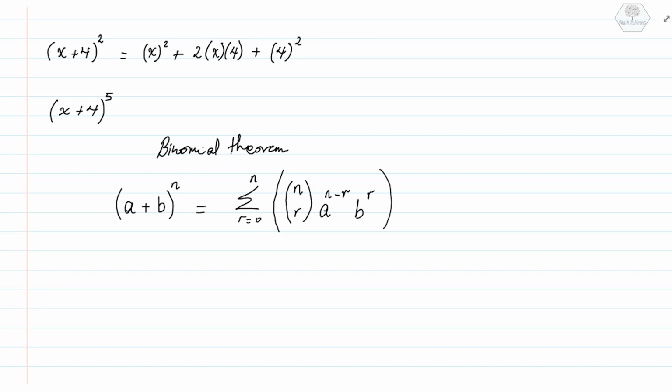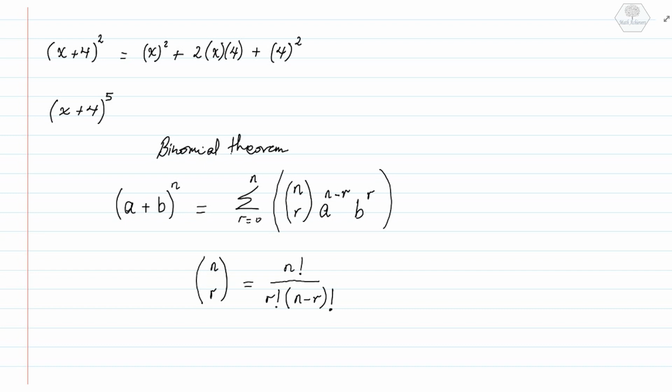This formula, honestly, looks complicated, but once we explain it further and take examples, it's going to be so easy. So, this is how I can expand any expression. To find the value of n combination r, it's equal to n factorial over r factorial times (n minus r) factorial.